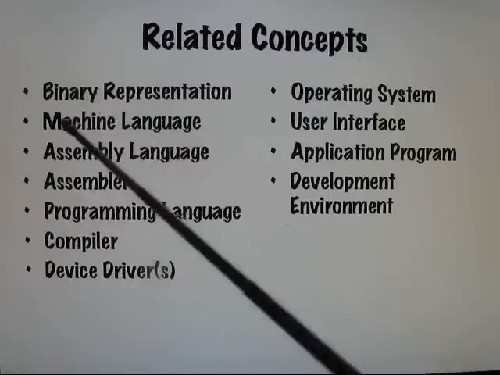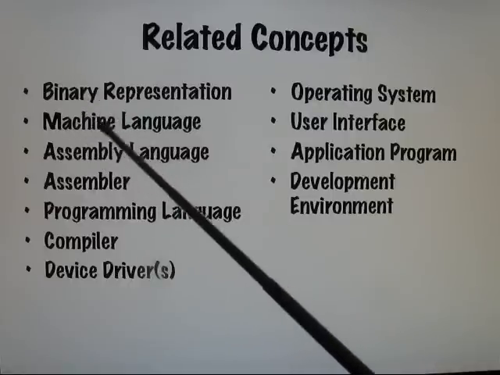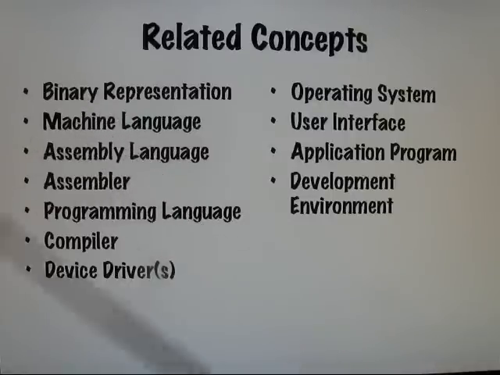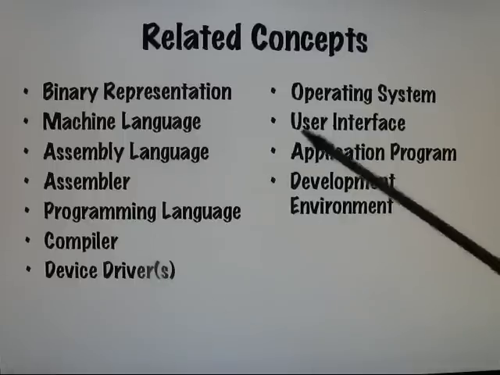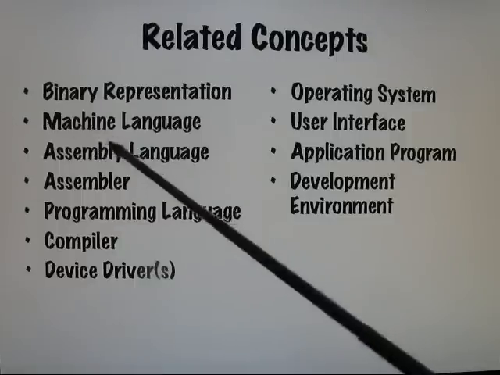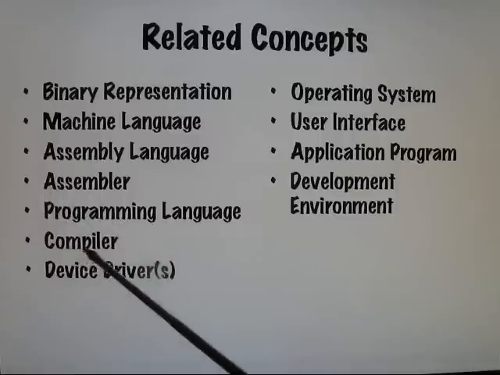More importantly, what's the difference between a machine language and an assembly language and a programming language, or a so-called high-level language? What's the difference between an assembler and a compiler? What's an operating system? What's a user interface? What's an application program or a development environment?